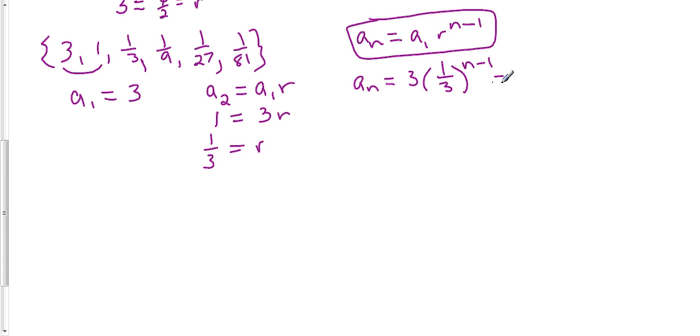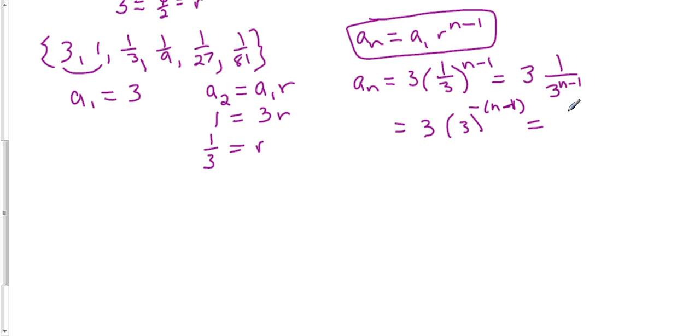And I'm going to remember that the 1/3 to the n minus 1 is really 1/3 to the n minus 1. And then I'm going to remind myself that if I have an exponent in a denominator, I can make that exponent negative and move that to the numerator. So this is really going to be equal to 3 times 3 to the negative n minus 1.